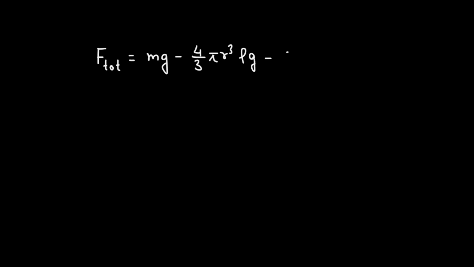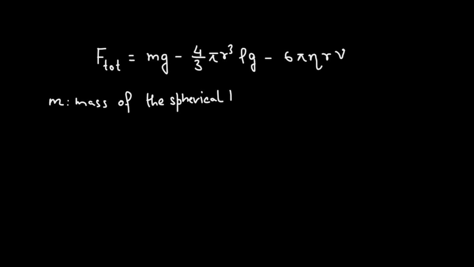Here m is the mass of the spherical ball, and since it's spherical, the mass is the volume 4/3 pi r cubed multiplied by the density of the solid ball.